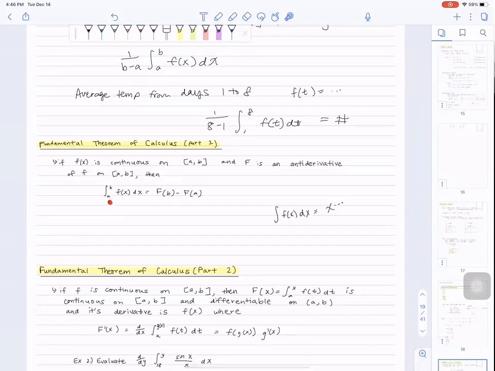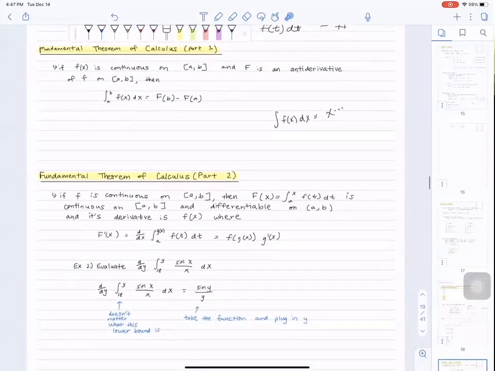But when you put in numbers on the integral sign, how do you evaluate that? Capital F is your antiderivative. So you plug in b, then subtract your antiderivative with a plugged in. That's how we find a definite integral.